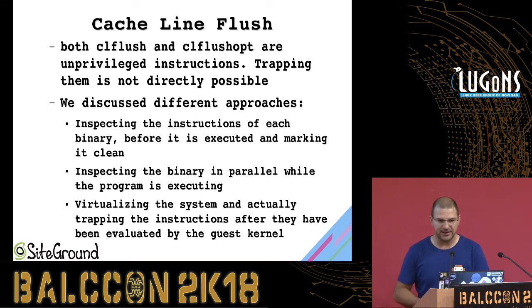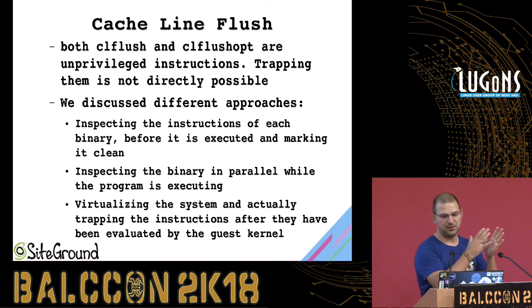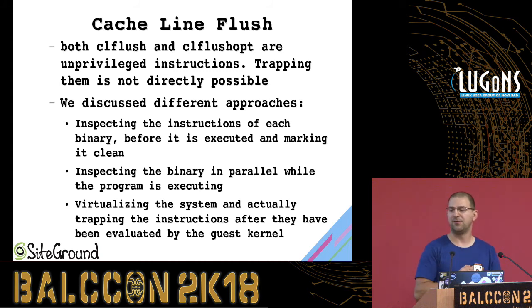So then we started thinking: what if we start the process and we don't run the whole binary, we read only the instructions it has and detect if there is a CLFlush or CLFlushOpt. In this way, we can implement detection of an implicit flush by seeing that in the code there is an invalid instruction.